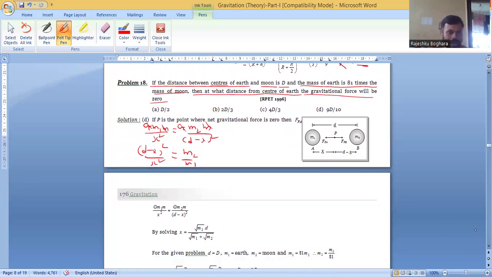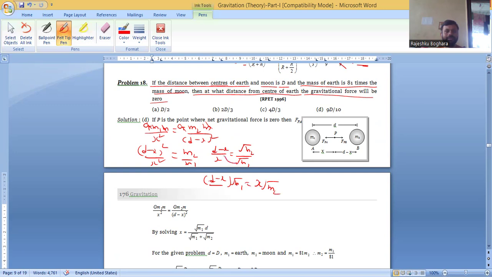Now calculate m1 by m2. Now take square root both sides. d minus x by x equal to root m2 by root m1. Now d minus x by x, here we take root m1, equal to here we take x root m2.